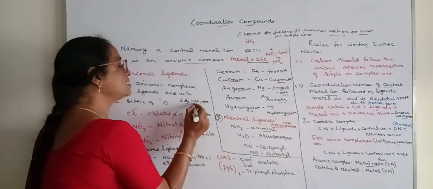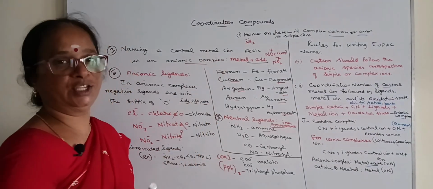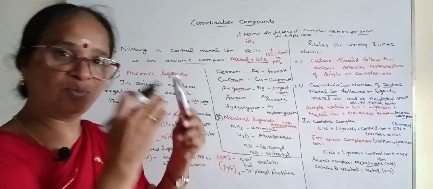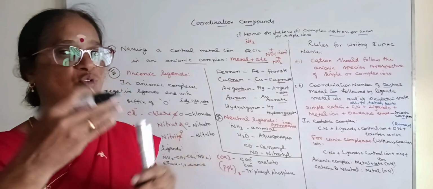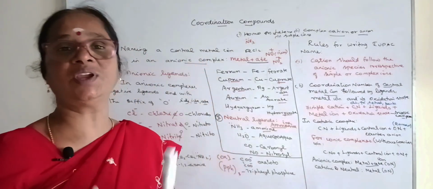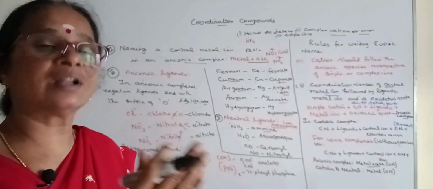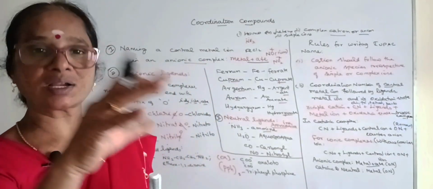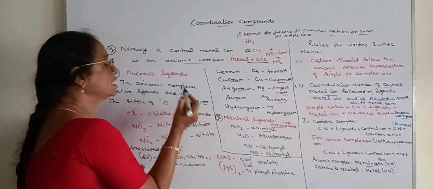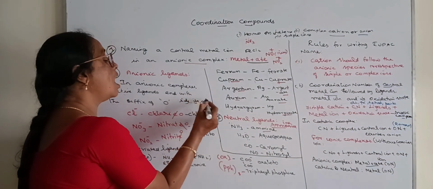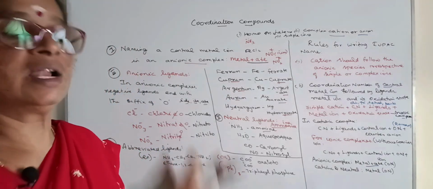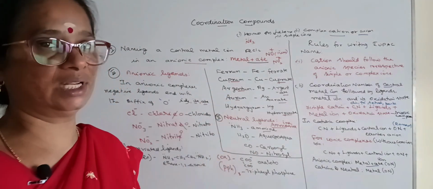But in the case of -ite and -ate, you find radicals such as NO3 minus, NO2 minus, SO4 2 minus, SO3 2 minus, CO3 2 minus. Whenever the element is with oxygen and carries the negative charge, it will have the suffix -ite or -ate, depending on the oxidation state of nitrogen, halogen, sulfur, whatever it is.